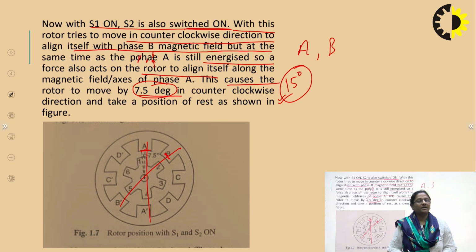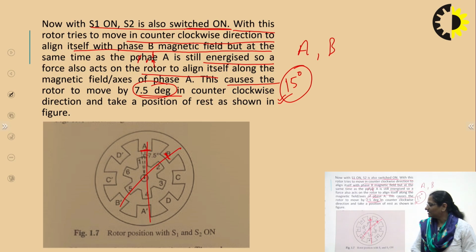But as both magnetic fields are acting on the same rotor, the rotor takes a position of rest where the force exerted by the phase A magnetic field and the phase B magnetic field is equal and opposite to one another.